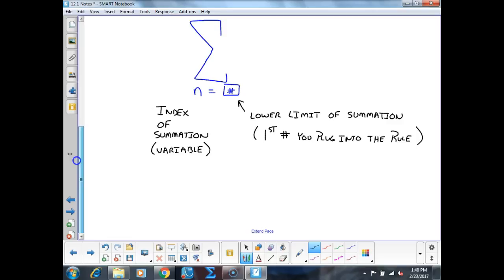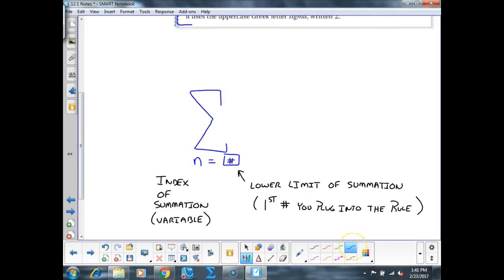When you plug that number into your rule, that outcome becomes your first term. With me on that? That seems to be the most confusing part. Your first term is not this number down here. It's what you get when you put that into your rule.